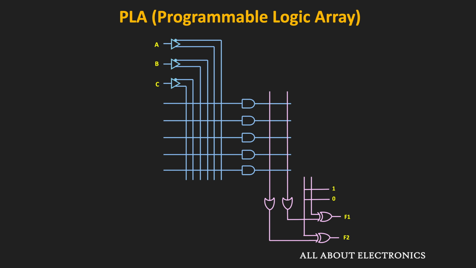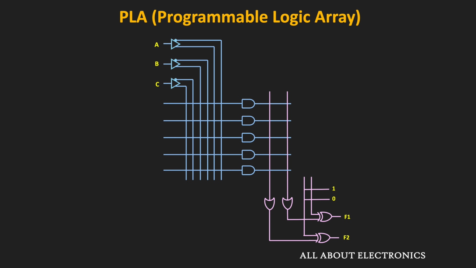Whenever one of the inputs to the XOR gate is 0, it will generate the output in the true form, because as you know, A XOR 0 is equal to A. Similarly, when this input is equal to 1, it will generate the complemented output. In this way, through programming, it is possible to generate the true output as well as the complemented output. And during the design, sometimes this feature is very useful. Once we take an example, it will get clear to you.